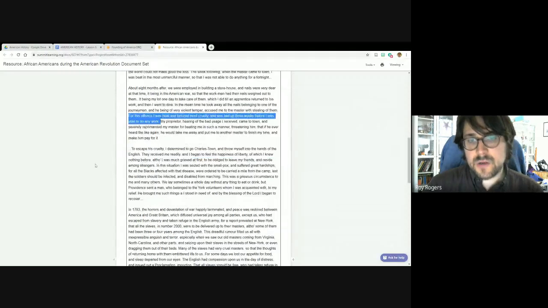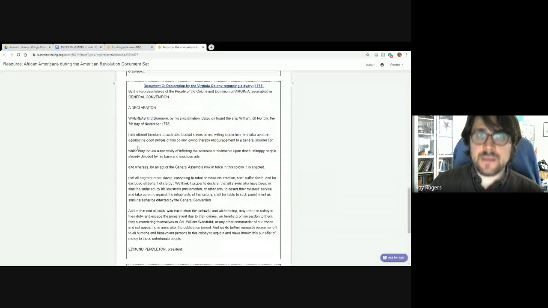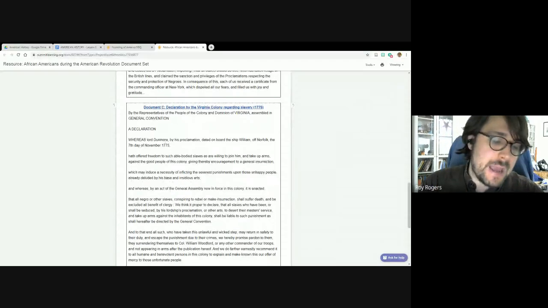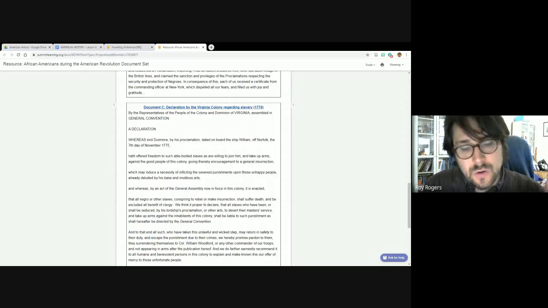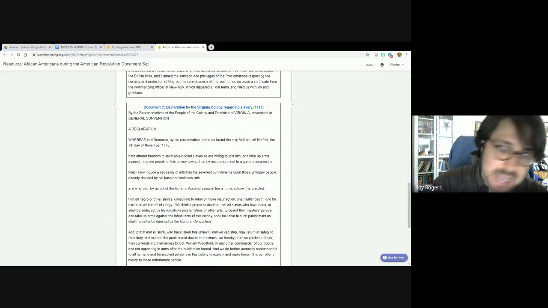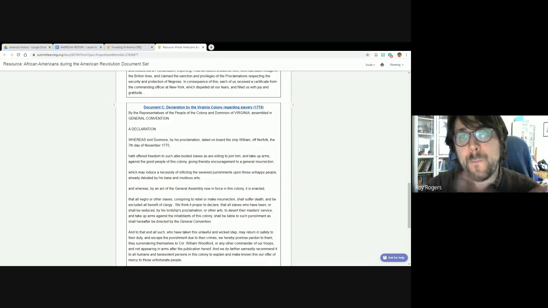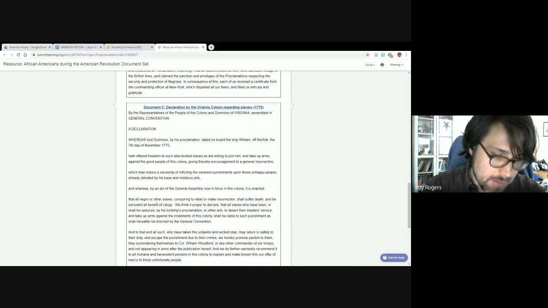So let's go to document C. Now, this is different than the previous documents that we talked about, because this document is not written by Black people themselves. The first two documents that we read, one was the story of an enslaved person who fought for the American side, and the second is somebody who was with the British. But both were by Black people.